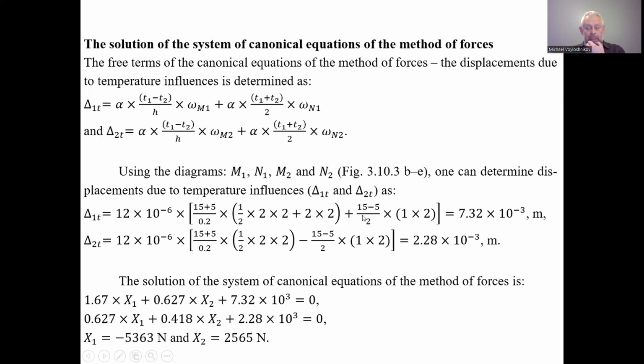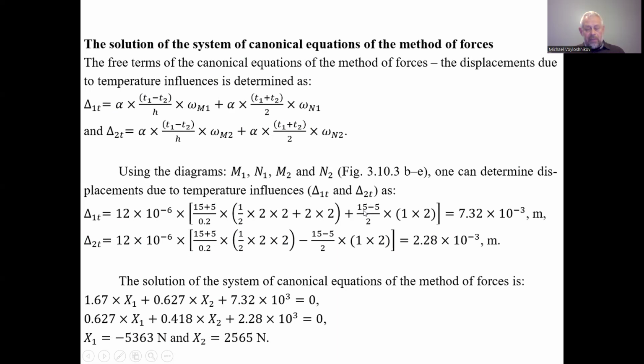And here we have the factor alpha, the coefficient of linear expansion of the material of the mechanical system, and the action of the temperature we take outside the brackets. Inside the brackets we have the difference of the temperatures. Why do we have a sum of temperatures here, although in the formula we have the difference?